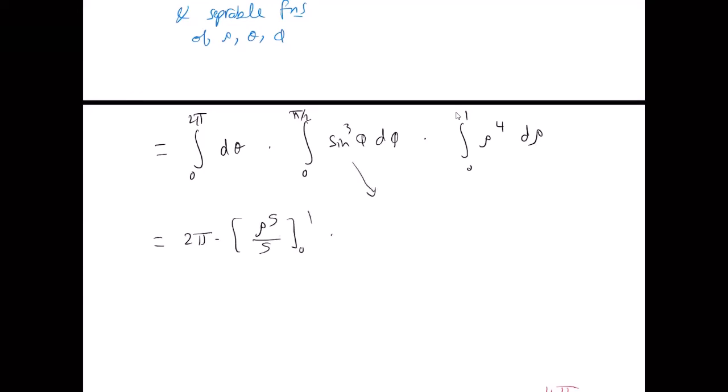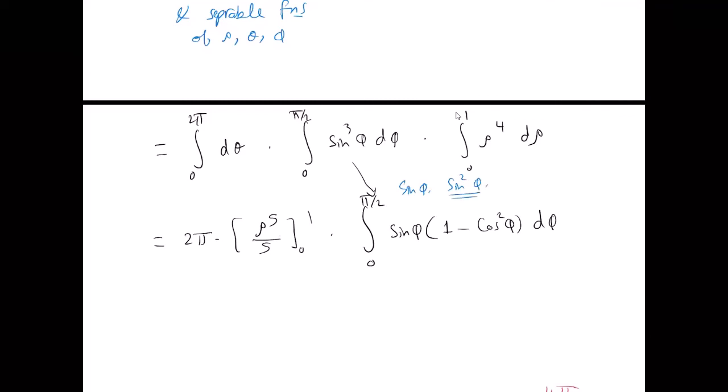This needs some work. This is sine cube phi, and here the sine square will be made 1 minus cosine square phi d phi, from 0 to pi over 2. This needs some technique of integration. Because we have sine cube, we made it sine times sine square, and sine square is 1 minus cosine square.